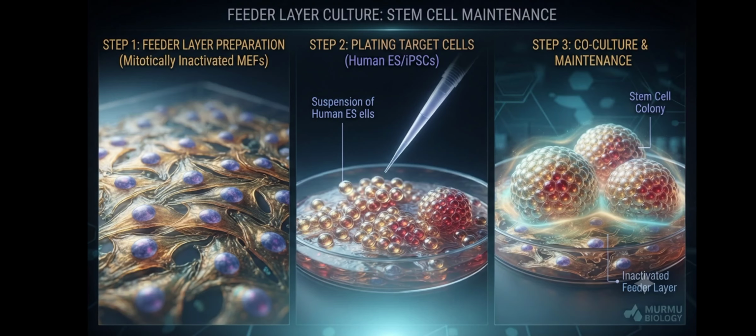You can see in the option here, the feeder layer is prepared, which is purple in color, and the human ES cell has been kept upon the feeder layer cells, so the purple cells act as nutrients for the human ES cell growing on the feeder layer, isn't it? It is a kind of maintenance, isn't it?